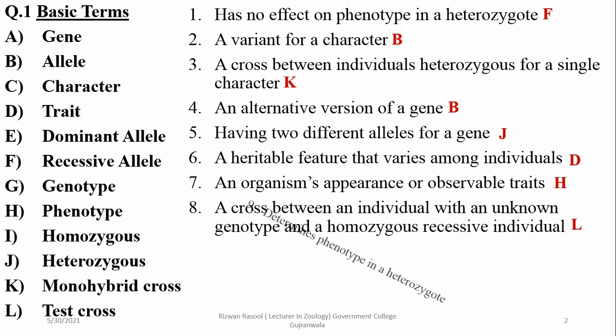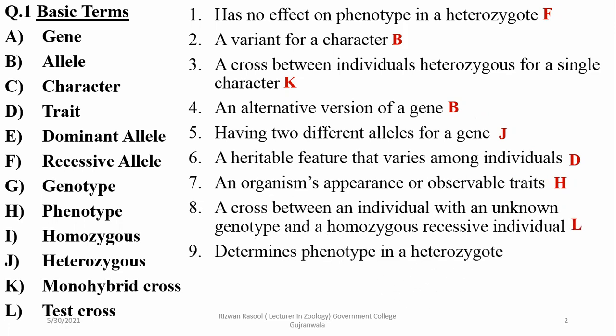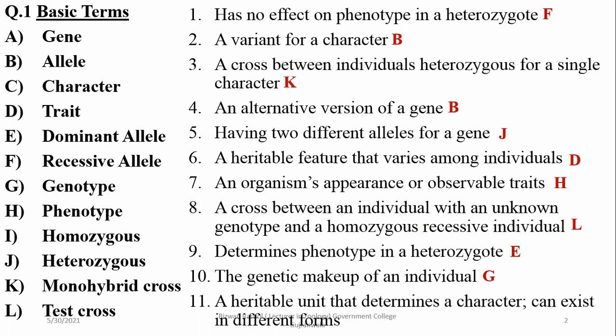And number nine: what determines phenotype in a heterozygous condition is the dominant allele. The genetic makeup of an individual, as I told earlier, is the genotype. And the last question: a heritable unit that determines a character and can exist in different forms is a trait.